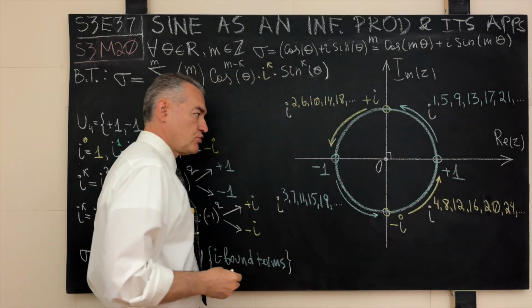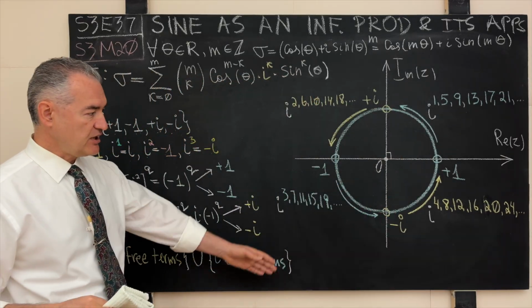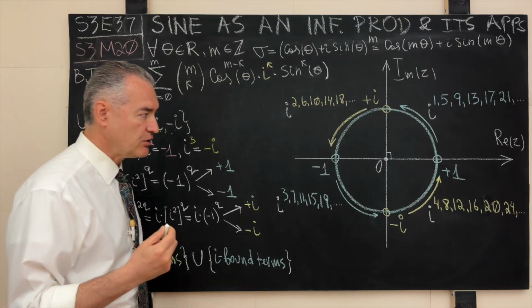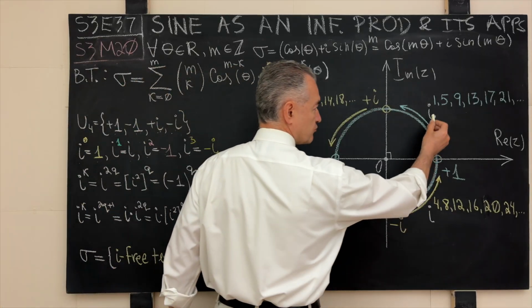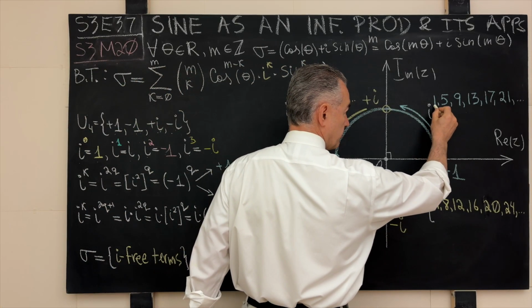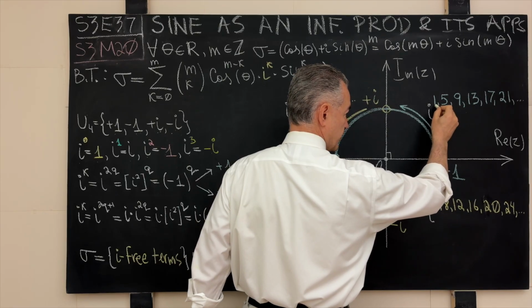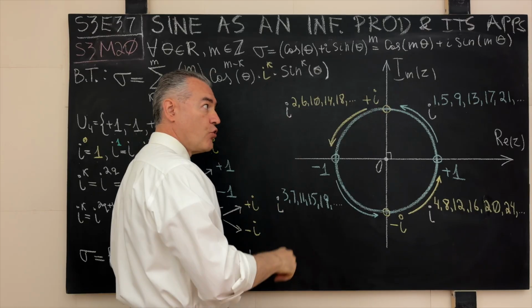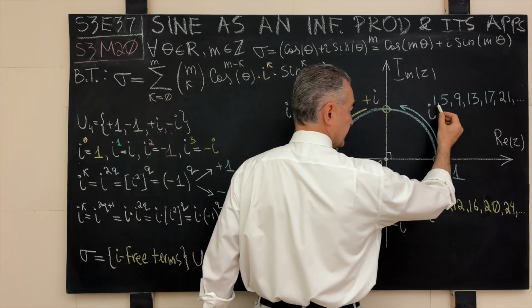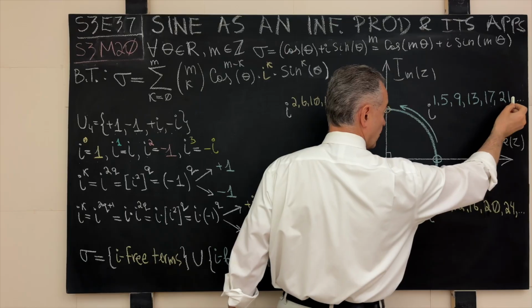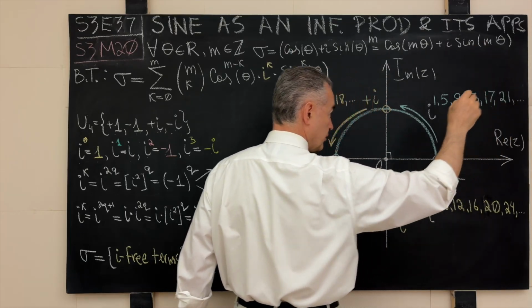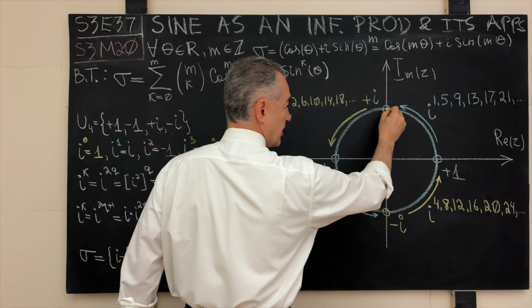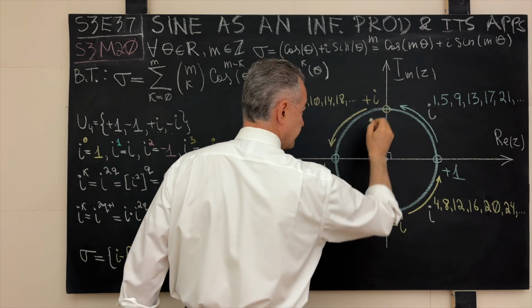And this sort of visual multiplication table is captured over here, and the meaning of this table is the following: when i is raised to any positive integral power that starts with 1 and then steps with the period of 4, that means these powers run as 1, 5, 9, 13, 17, 21, 25, 29, and so on, we will always produce the imaginary unit itself, i.